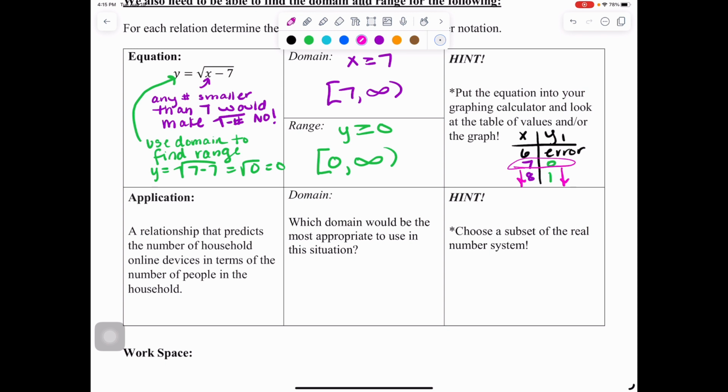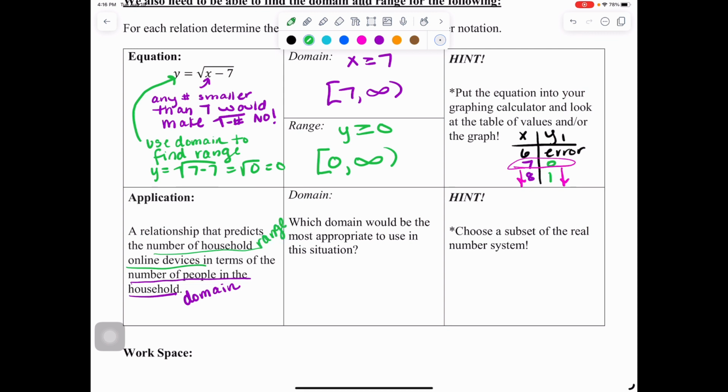So that would mean you need to know the number of people to know the number of devices. So that tells us that the number of people in the household is actually the domain, and that the number of household online devices is actually the range.